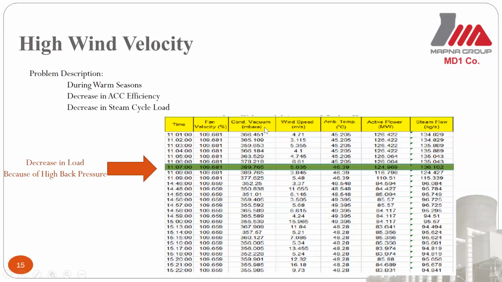In this situation, condenser vacuum, in this column, goes up to 38 kilopascal, and the operator decreases the load. As you can see, active power in megawatts is in this column. The operator decreases load from more than 100 megawatts to 84, 83 megawatts.